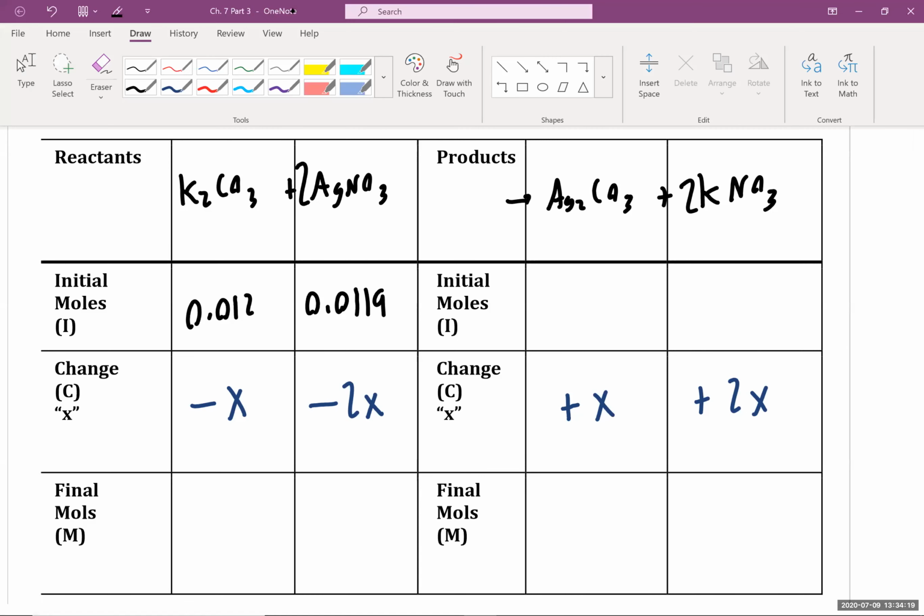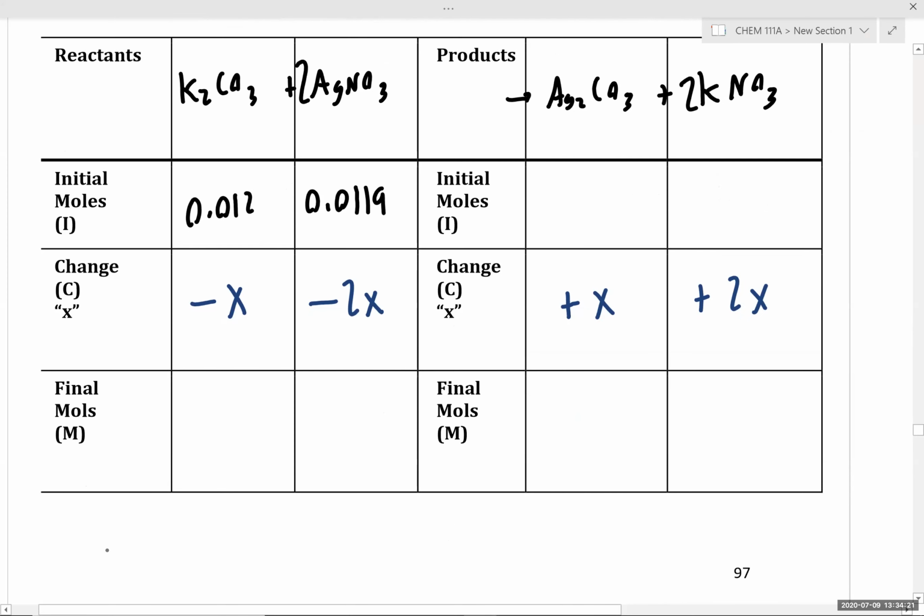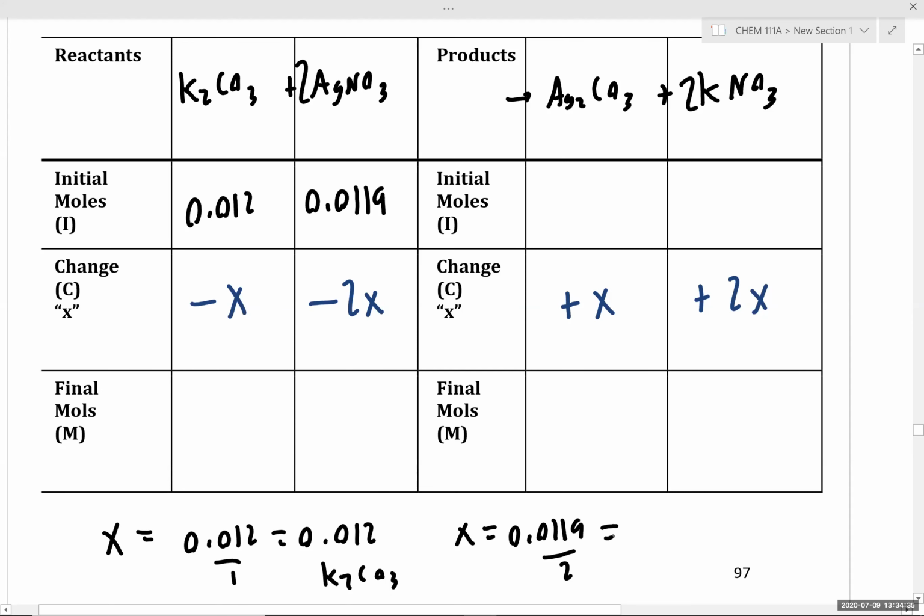Okay, so now solving for X for potassium carbonate, we have 0.012 over 1, and X is equal to 0.0119 over 2 for silver nitrate, which in turn gives us an X of 0.00595.